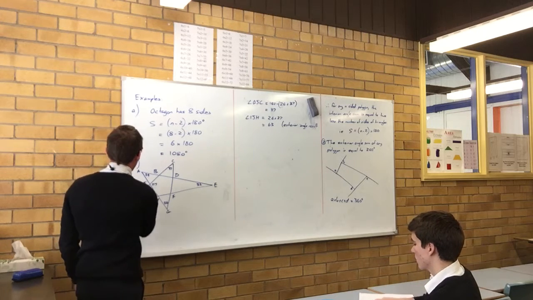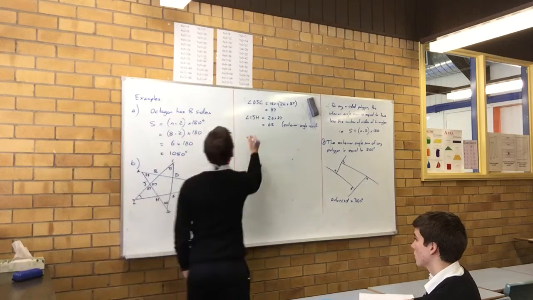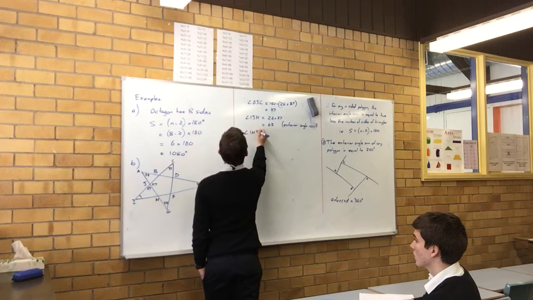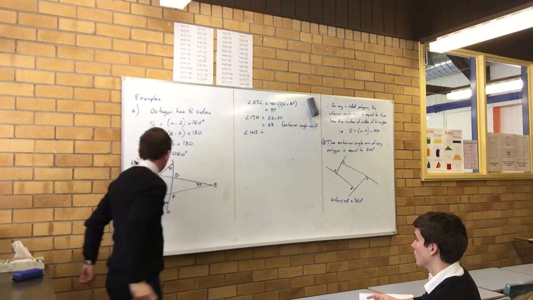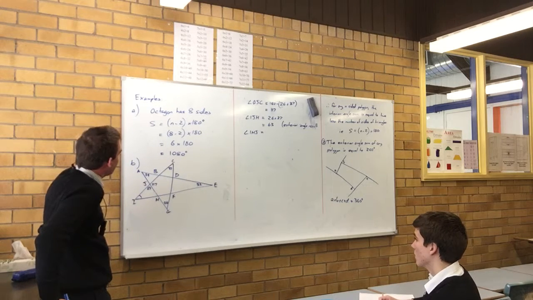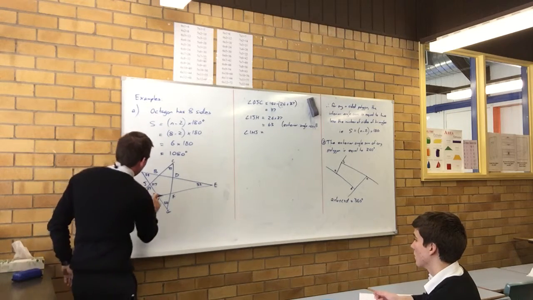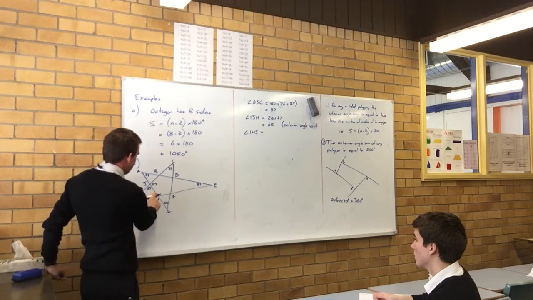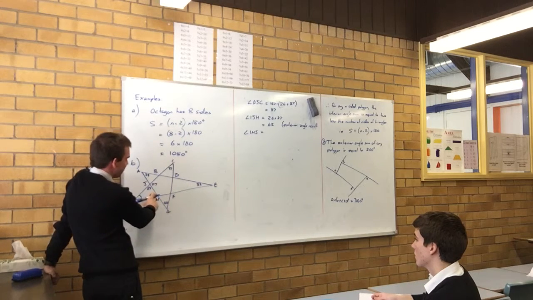Alright, so what's angle IHJ? What is this angle? What triangle are you going to use and what value are you going to use from that?